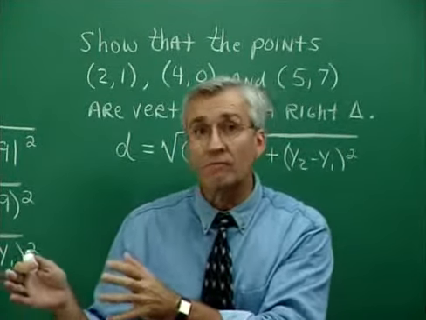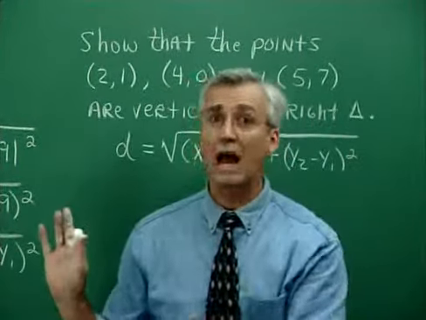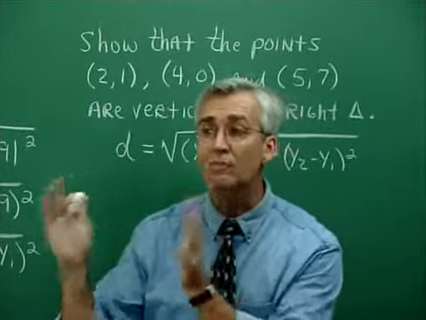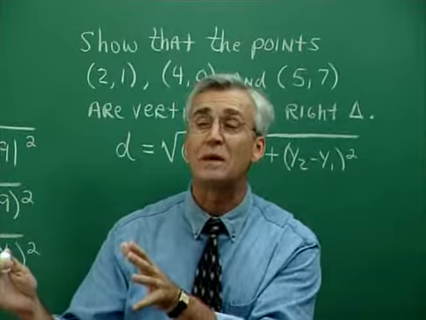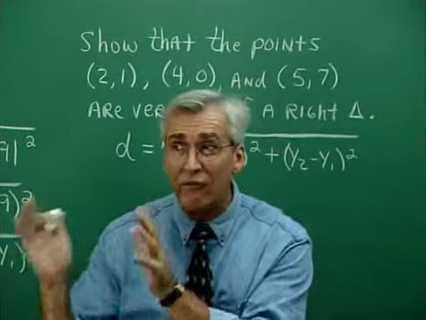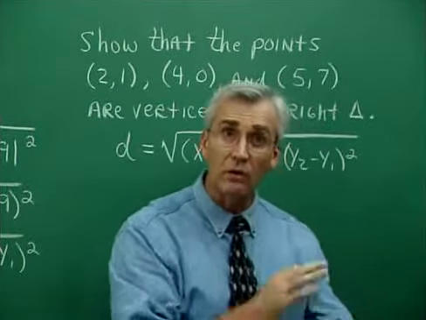Okay. It's also the case, though, the other way around, that if we have any ordinary everyday household triangle and we have a special relationship between the sides, namely A squared plus B squared equals C squared, if we have that relationship, then we can determine that we have a right triangle. So it works both ways.